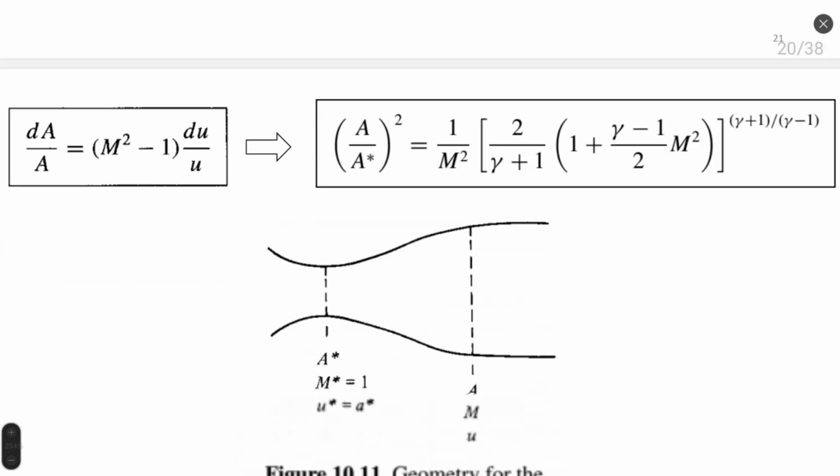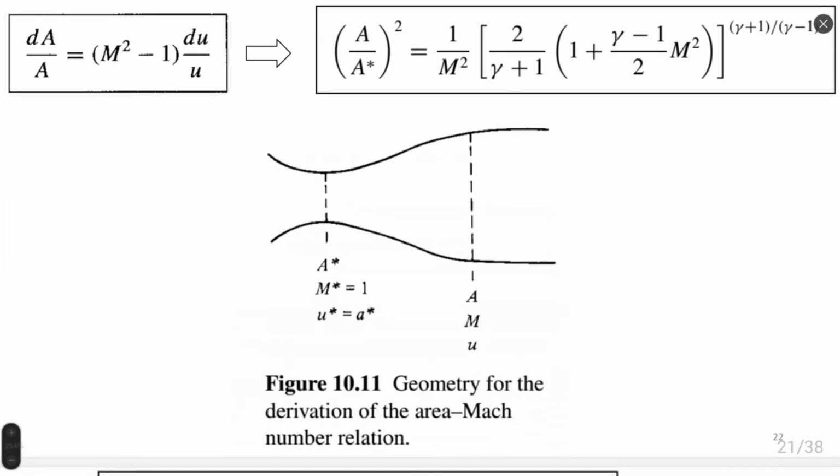So previously we had a differential equation explaining change of velocity with respect to change of area, an equation which we received in our previous class. This is the equation on the left, on top.